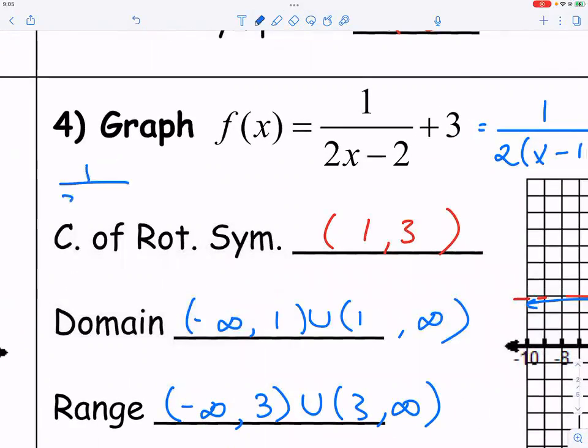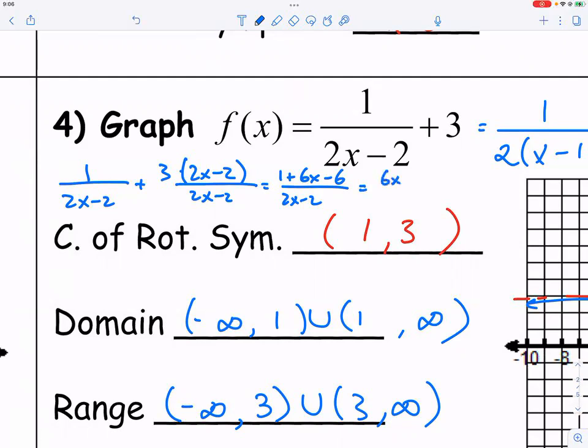So we say 1 plus 1 over 2x minus 2, plus 3, and then you do times 2x minus 2 over 2x minus 2. That's how you do the common denominator. So you have 2x minus 2 for the denominator. Make sure you distribute the 3, so you get 6x minus 6, which gives 6x minus 5 over 2x minus 2. That's how you combine the terms into a single fraction.